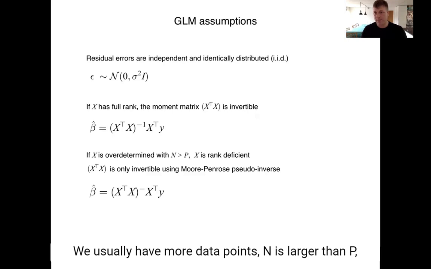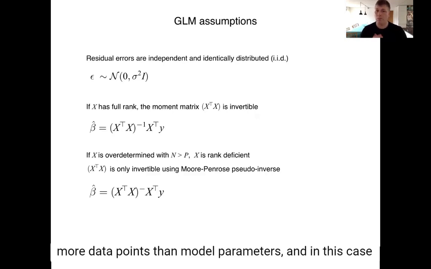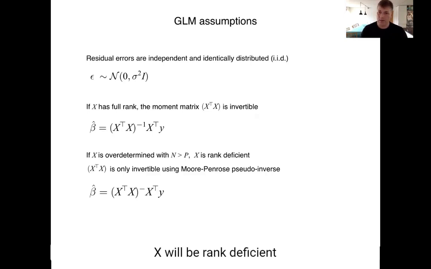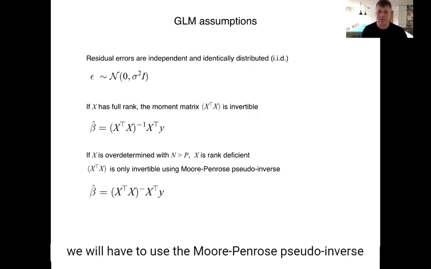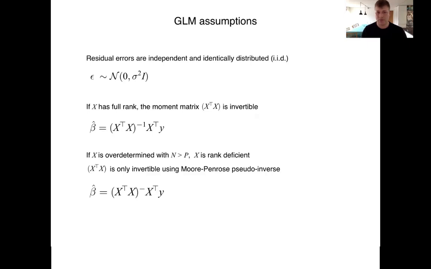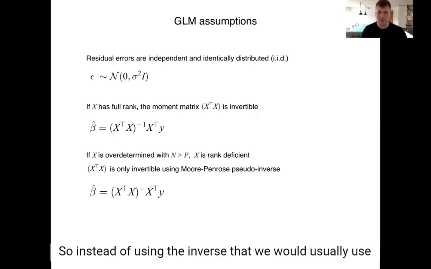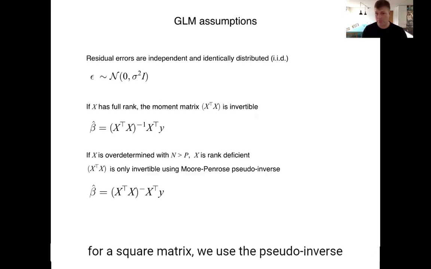We usually have more data points, so N is larger than P, more data points than model parameters. In this case, the design matrix X will be rank deficient, and we will have to use the Moore-Penrose pseudo-inverse. Instead of using the inverse that we would usually use for a square matrix, we use the pseudo-inverse to invert the model and estimate parameters.